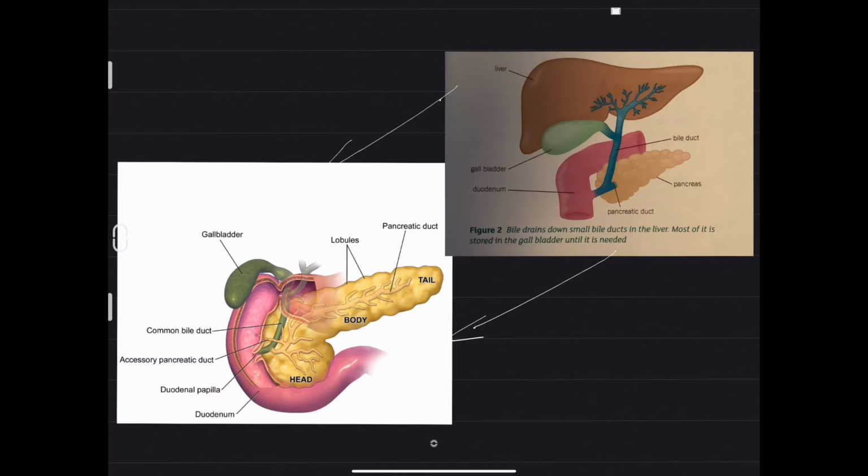So as food comes into the small intestine from the stomach, bile is secreted onto the food via the bile duct, and the bile will neutralize the acid that was added to the food in the stomach. So I'll repeat that again.